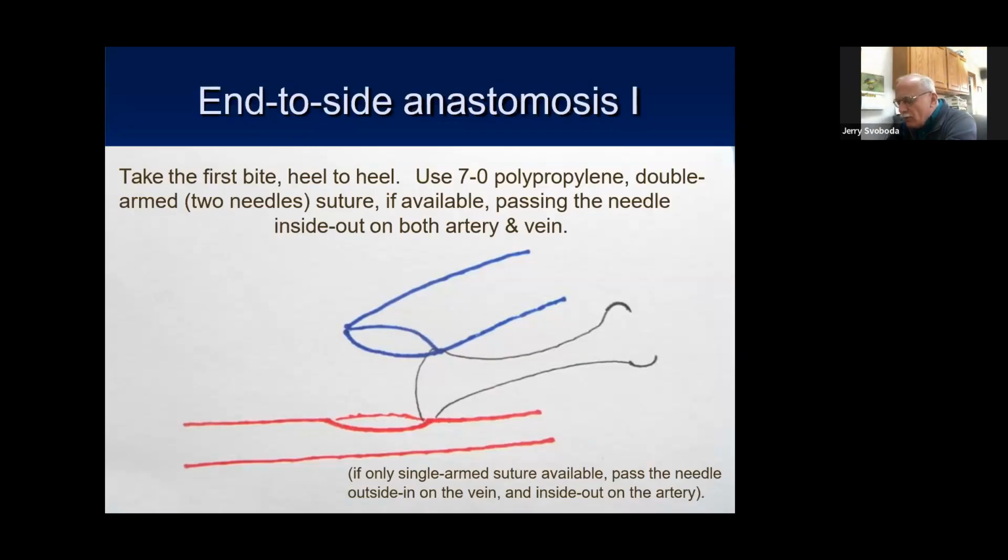It's better to remember what you're actually doing. The intima of the artery can separate. And if you go outside in, if the artery is diseased, you could knock off pieces of calcified intima sewing an artery. So try to go inside out on an artery whenever you're sewing it. The vein can be done either way. That's the easiest way to remember it.